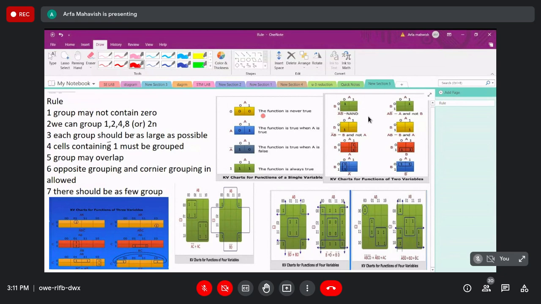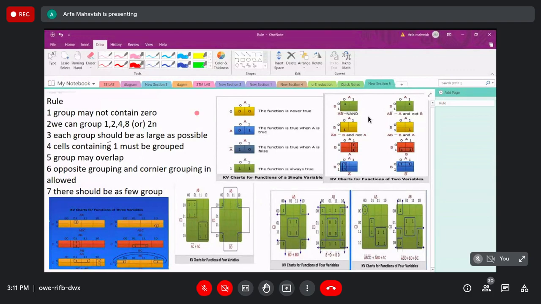A group may be a single group, two variable groups, 4 variables, or 8 variables, or 2 power n variables. We can group 1, 2, 4, 8, or 2 power n. In the last class I told you about 2 power n in the formula. This way you can group your KV chart, okay, your variables.